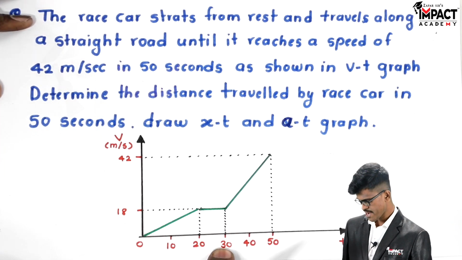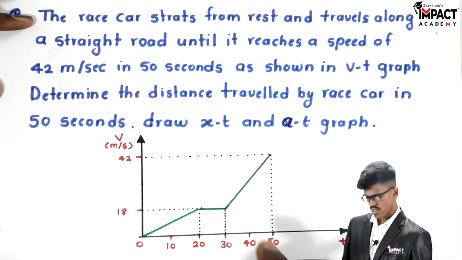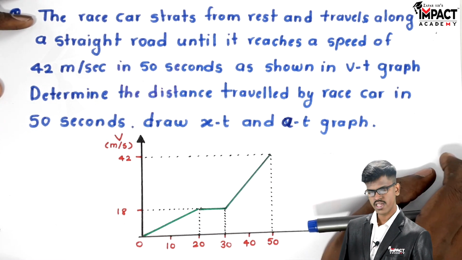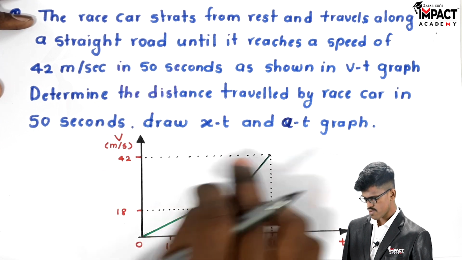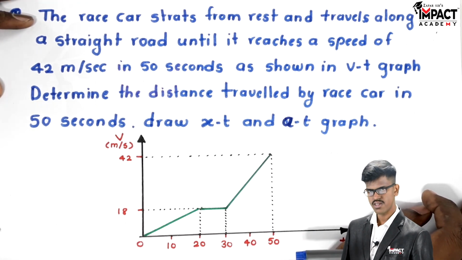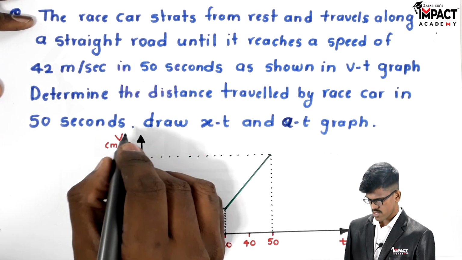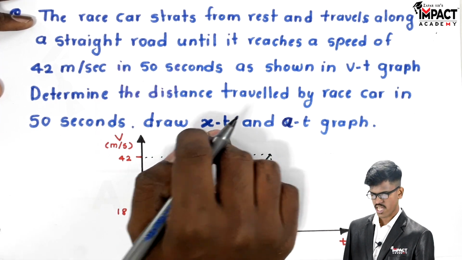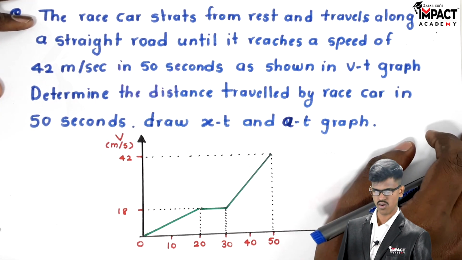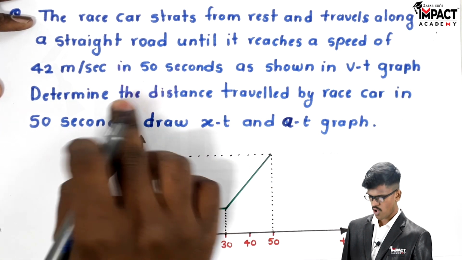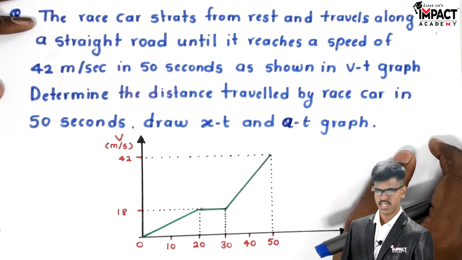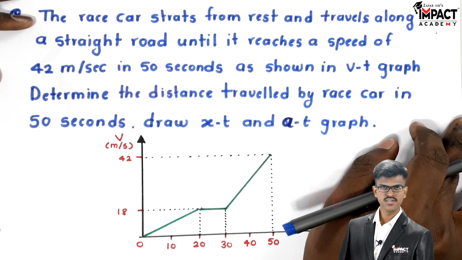Then from 30 to 50 seconds, the velocity keeps on increasing and the final velocity is 42 meters per second. They ask to draw the position-time curve and acceleration-time curve, and also find the distance traveled by the race car in 50 seconds.